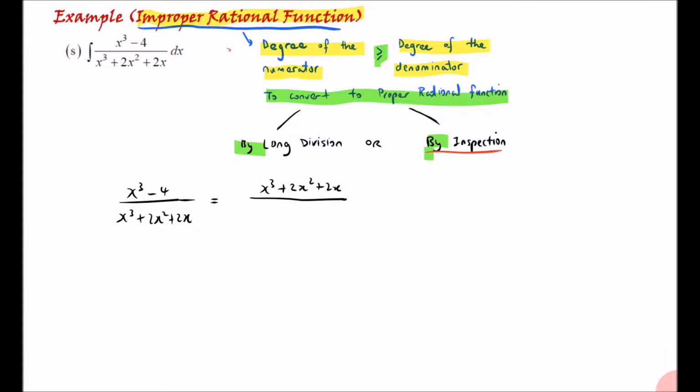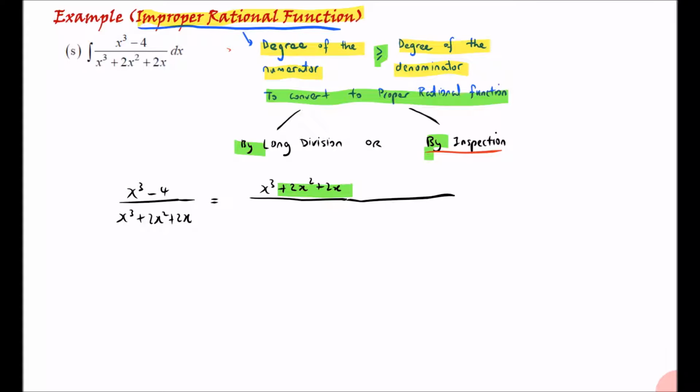You introduce two extra terms, 2x squared plus 2x. Why? Because there are new terms in the numerator that are not in the question.